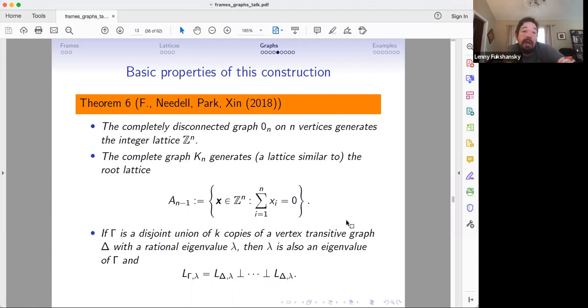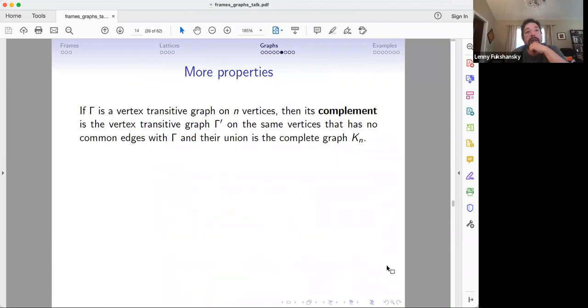Further, if gamma is a disjoint union of k copies of the same vertex transitive graph delta with a rational eigenvalue lambda, then lambda is also an eigenvalue of gamma, and the lattice I get is just the orthogonal direct sum of the copies corresponding to delta. Okay, so these are pretty simple properties.